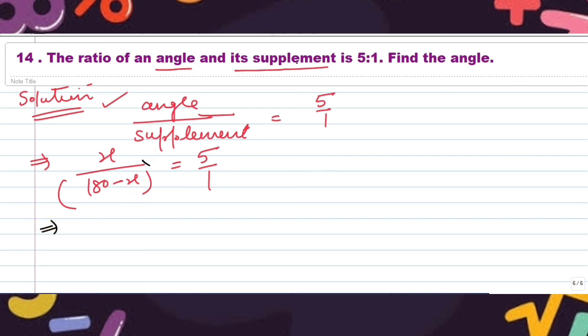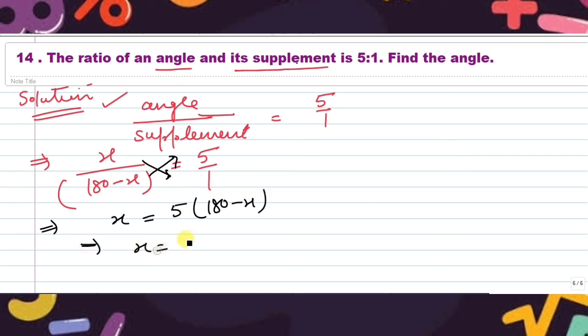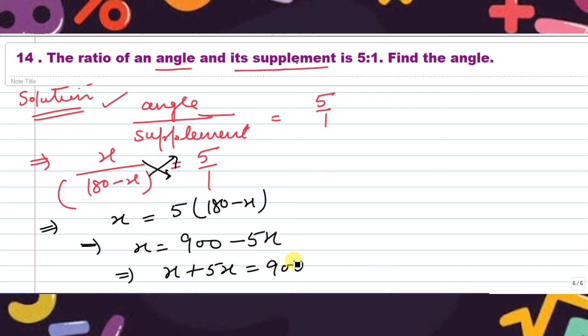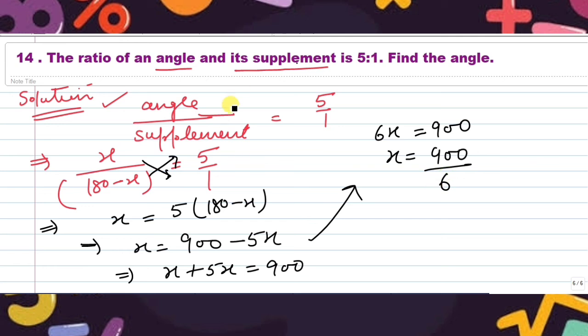Now do cross multiplication. x into 1, that is x, equals 5 into 180 minus x. Then x equals 900 minus 5x. Now transpose it, x plus 5x gives 900. 5x plus x would come 6x equals 900, and x equals 900 upon 6.